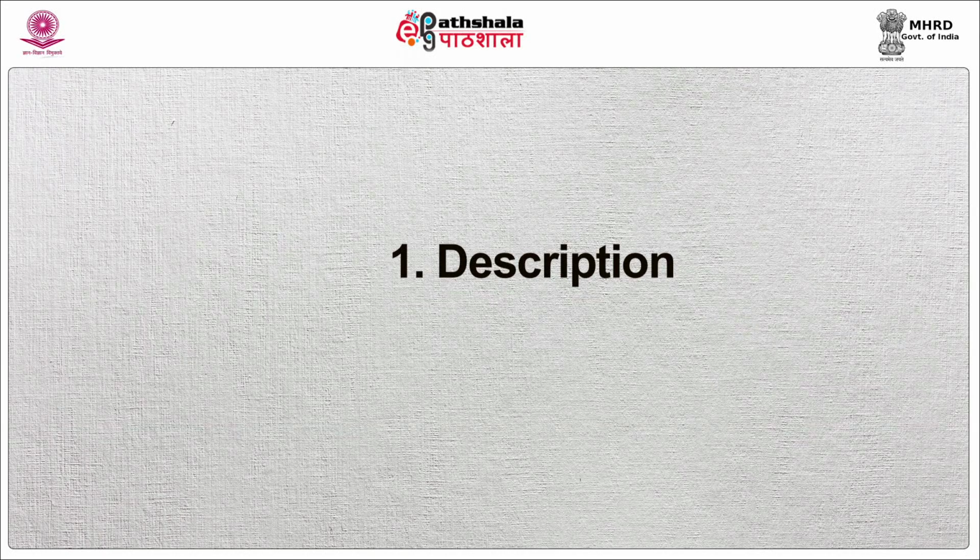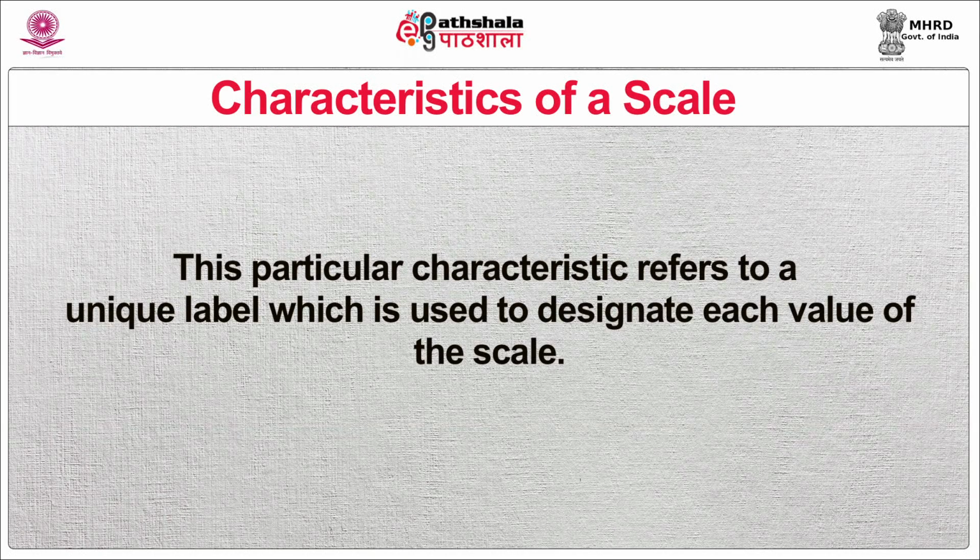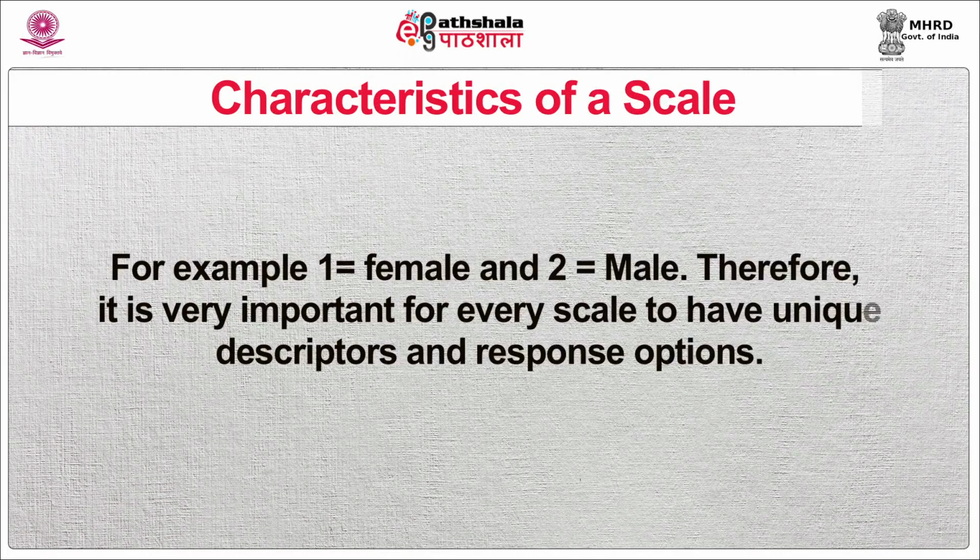First, the description. This particular characteristic refers to a unique label which is used to designate each value of the scale. Irrespective of the level of measurement, every scale possesses the characteristic of description. For example, 1 may be female and 2 may be male. Therefore, it is very important for every scale to have unique descriptors and response options.